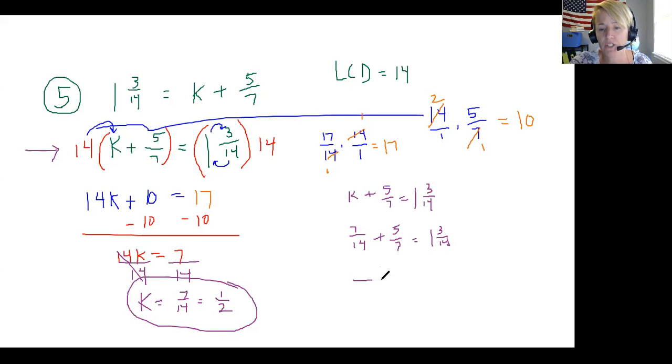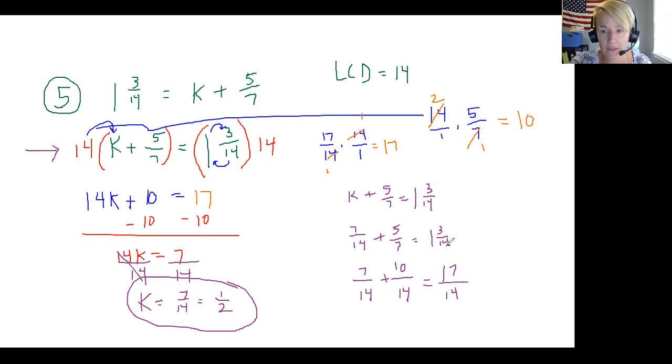I'm adding fractions, so I have to have a common denominator. My common denominator is going to be 14, so that means I can just leave this first fraction intact. So I'm going to make this a 14. So 7 times what gets me to 14? It's 2. So that means 5 times 2 is 10. And then remember I told you I was going to go ahead and make this my 17 over 14, which is what we found out it was earlier.